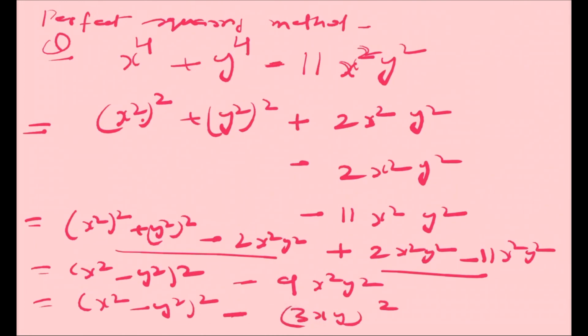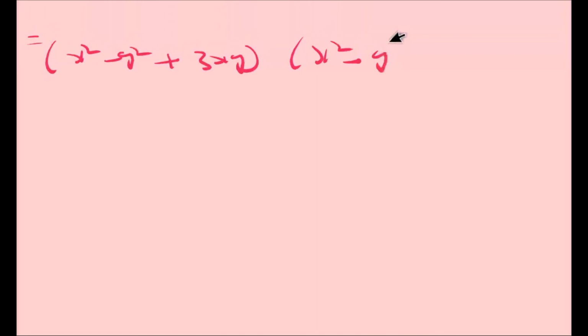So what we left here, the answer is x square minus y square plus 3xy, x square minus y square minus 3xy. So your answer is, in first bracket, x square minus y square plus 3xy. In second bracket, x square minus y square minus 3xy.